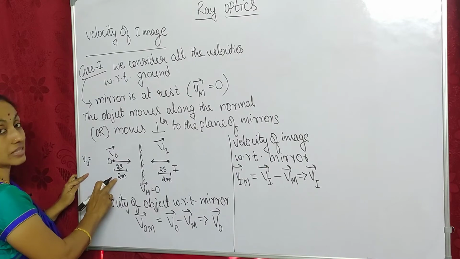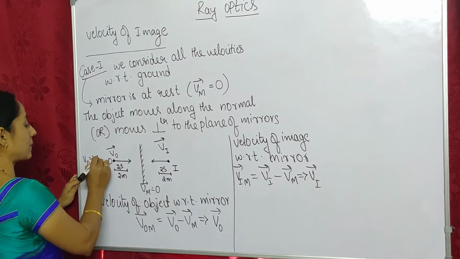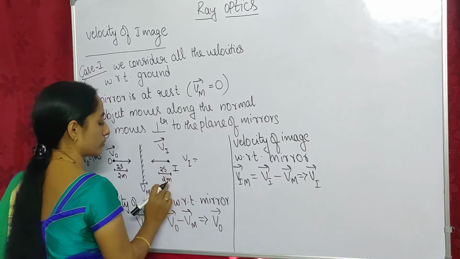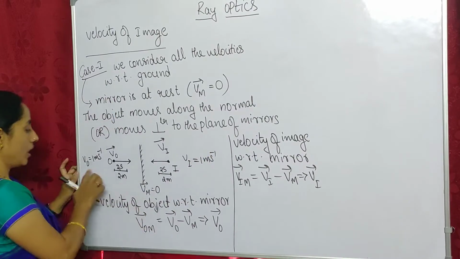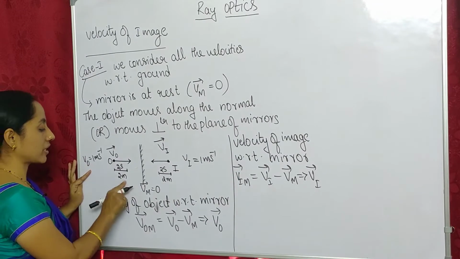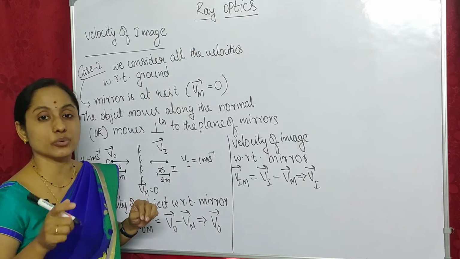Velocity is displacement by time taken. 2 by 2, 1 meter per second. What is velocity of image? 2 by 2, displacement by time, 1 meter per second. Did we get the same answer or not? Yes, velocity of object is always equal to velocity of image in magnitude.